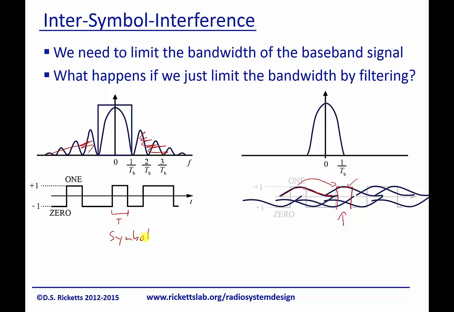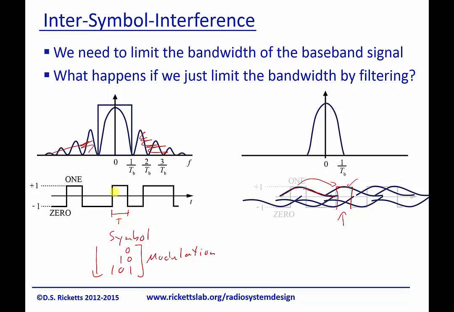And remember, that symbol can be a single bit, it could be 2 bits, it could be 3 bits, whatever our modulation scheme is. We continue to transmit at the same rate. We get higher data rates by having higher complexity modulation.